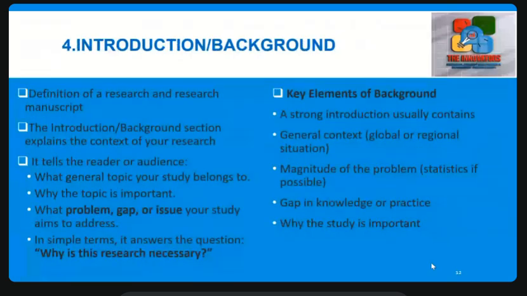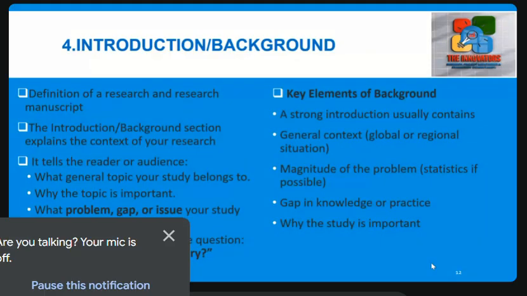Let us go to the fourth part, which is the introduction or background of the abstract. The background is the part of the abstract which introduces the research and the research manuscript.